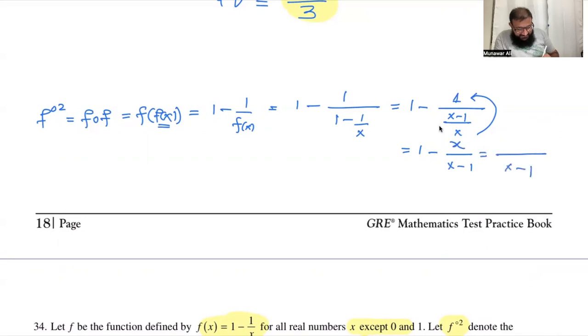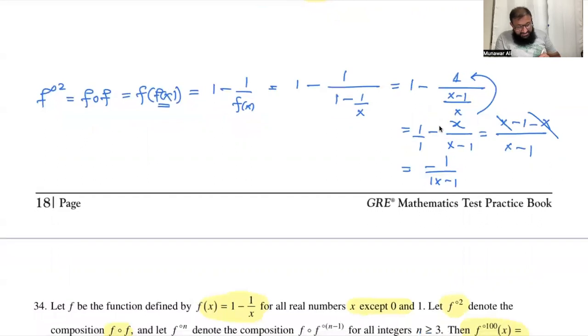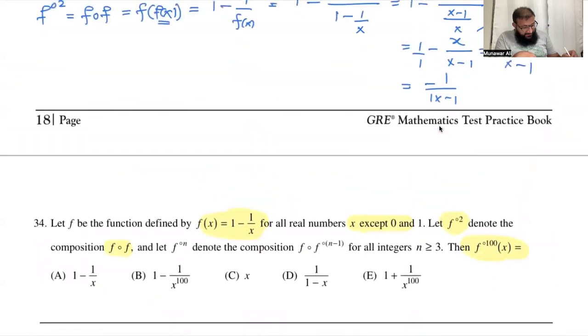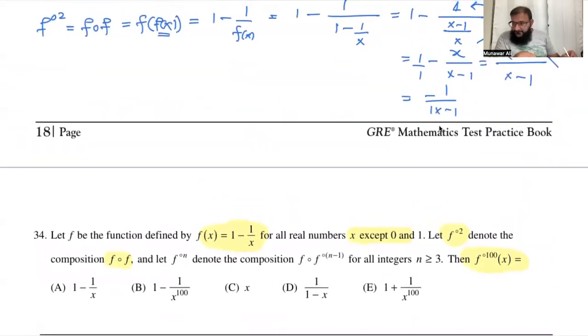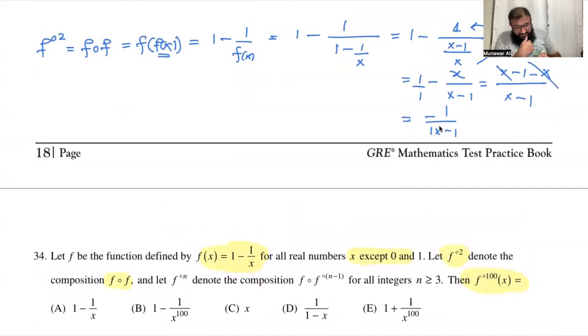Taking LCM again, this becomes x minus 1 minus x, x minus x cancel, minus 1 over x minus 1. 1 minus 1 over x, so x minus 1 over x. x goes on top.